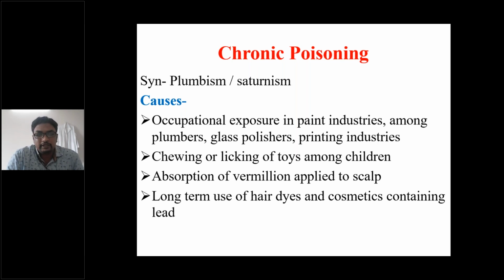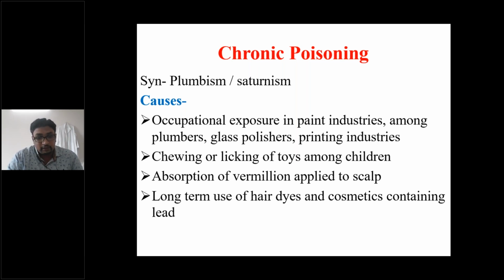So lead toys are there. Children constantly keep the toys inside their mouth, and this kind of constant rubbing can cause a small amount of lead to go in through the mouth. And then absorption of vermilion applied to the scalp. Mostly Hindu married women apply vermilion on their foreheads, which contains lead.